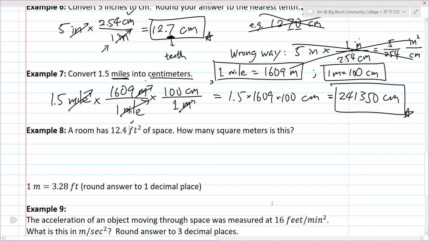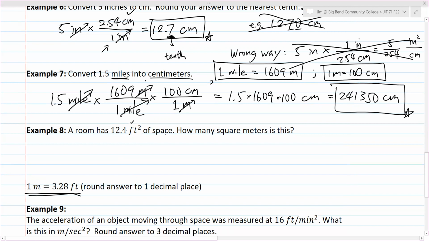We do have a specific conversion factor given, which means you don't have to memorize it. 1 meter equals 3.28 feet. Our goal is to convert 12.4 feet squared into square meters.